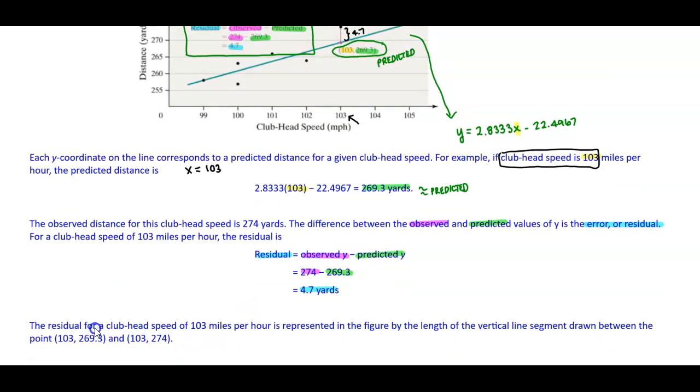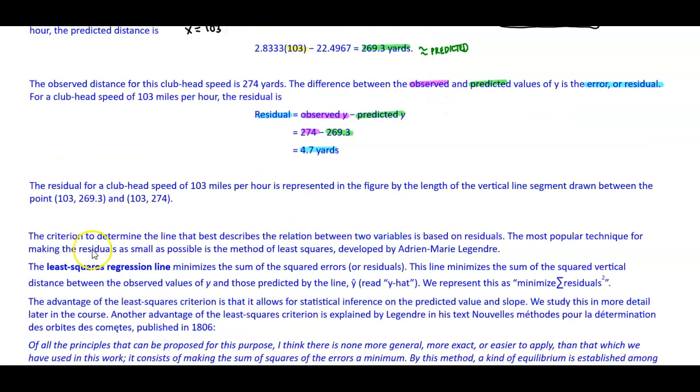The residual for a club head speed of 103 miles per hour is represented in this figure by the length of the vertical line segment drawn between the point (103, 269.3) and (103, 274). Now, the criterion to determine the line that best describes a relation between two variables is based on residuals.